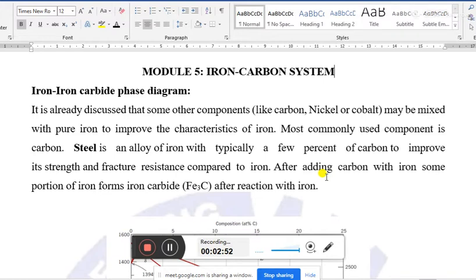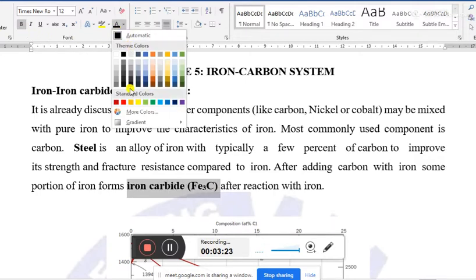Now, first of all, when we start to add carbon to iron, after some specific phenomenon, the iron and carbon will react in a specific content and make a specific compound that is called iron carbide, Fe3C.